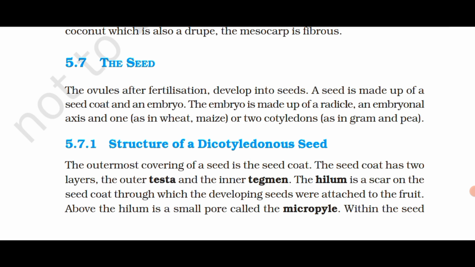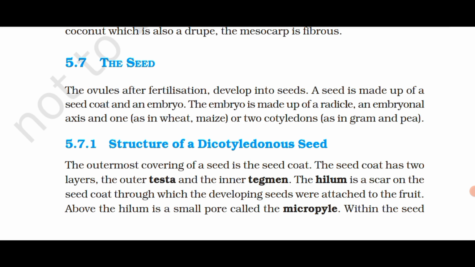5.7.1 Structure of a dicotyledonous seed. The outermost covering of a seed is the seed coat. The seed coat has two layers, the outer testa and the inner tegmen. The hilum is a scar on the seed coat through which the developing seeds were attached to the fruit.